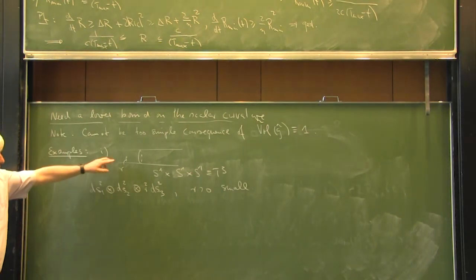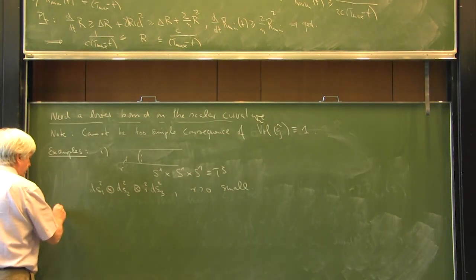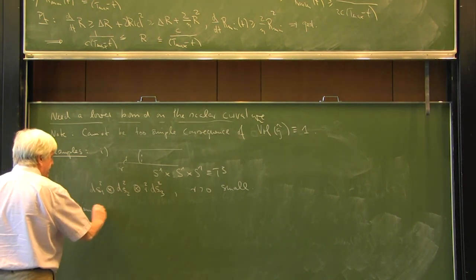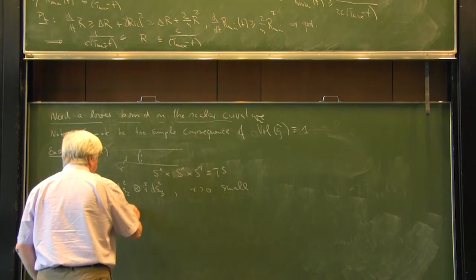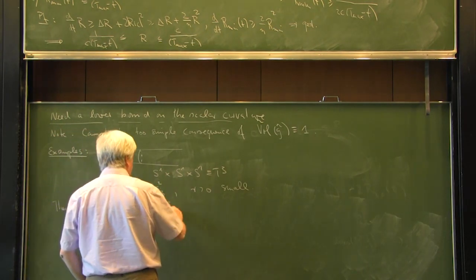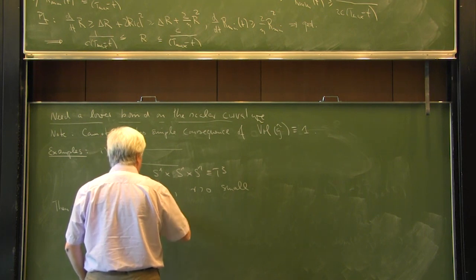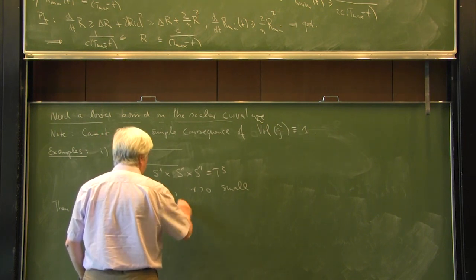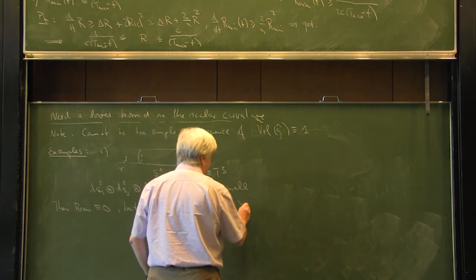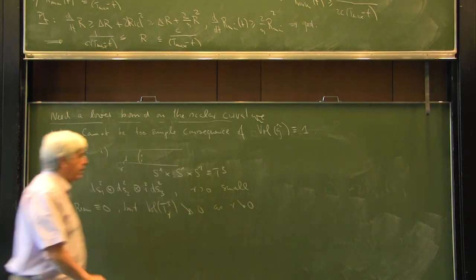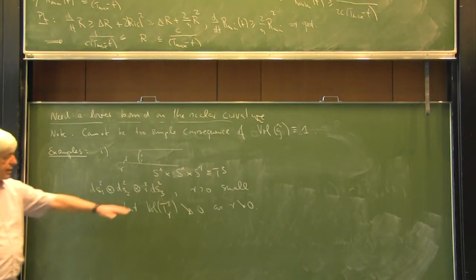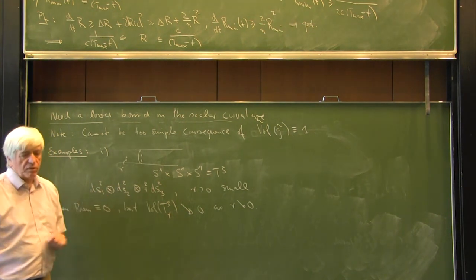Then the curvature is completely zero. The Riemann tensor is identically zero, but the volume of T3, depending on this parameter r, tends to zero as r tends to zero. So we have complete control on the curvature, but we have no control on the volume whatsoever.